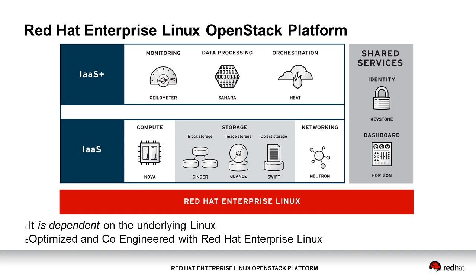Naturally, when we decided what Linux distribution we were going to use with OpenStack, we said, there are a lot of options out there, but let's use Red Hat Enterprise Linux because it's the best Linux distribution for enterprise customers, which is our customer base. It's optimized, co-engineered, hand-in-hand, very, very dependent. There are multiple choices in hypervisors out there. As you saw, many people are choosing KVM.